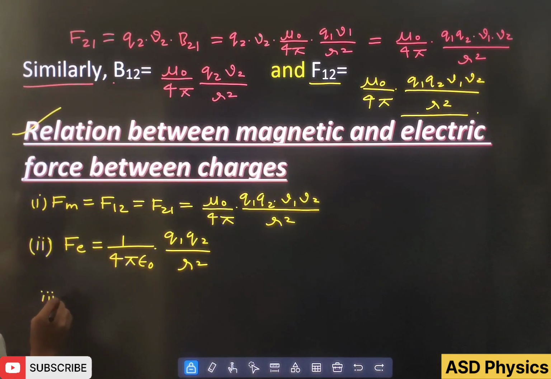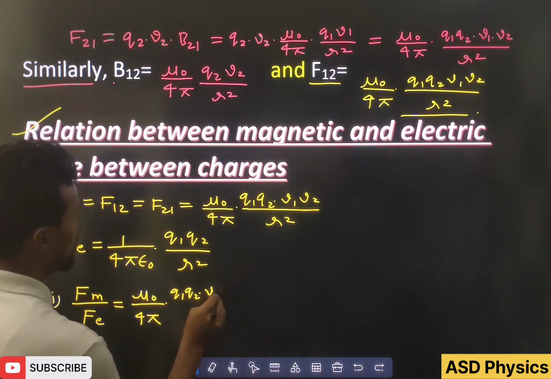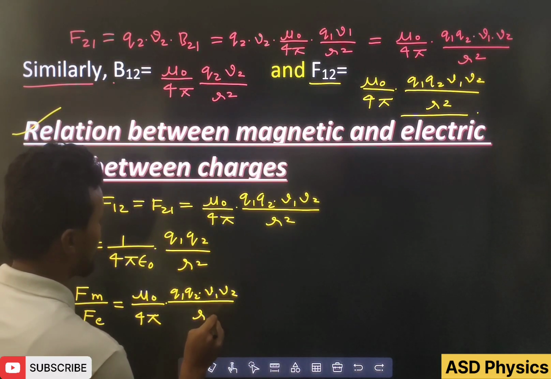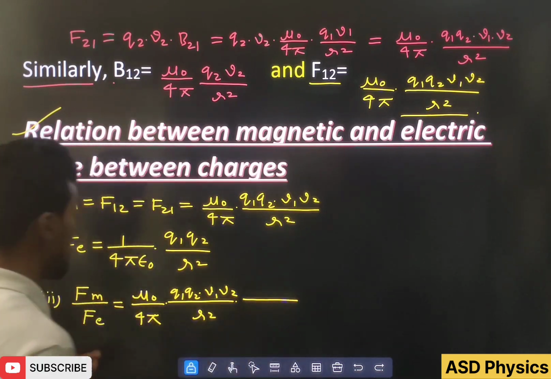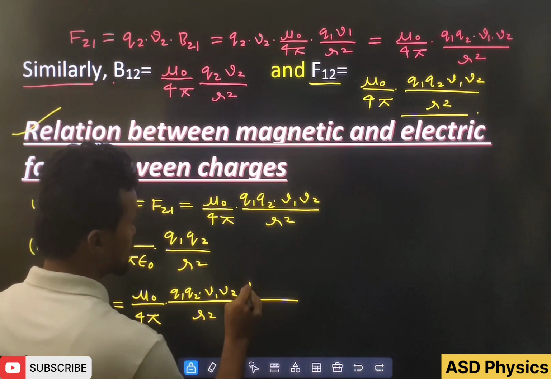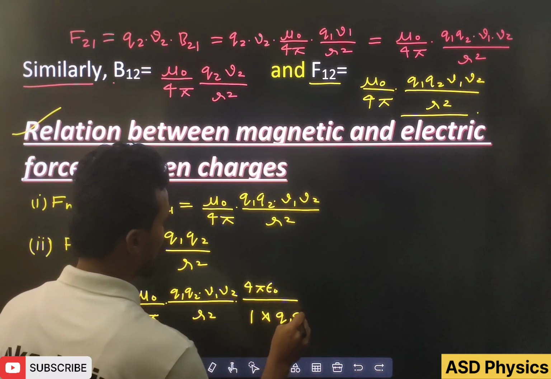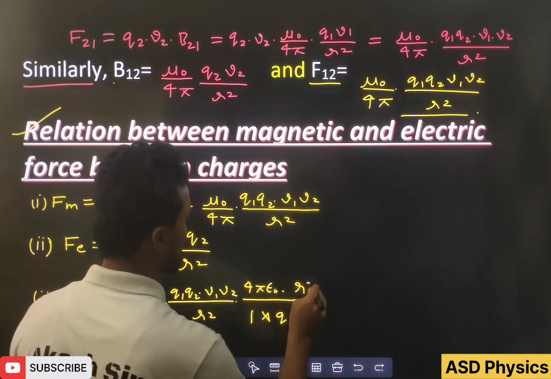So if I take the ratio, I am writing Fm by Fe. This ratio, Fm by Fe: mu naught by 4 pi Q1 Q2 V1 V2 by R square into Fe value, which is 1 by 4 pi epsilon naught, so 4 pi epsilon naught will come here into this, Q1 Q2 by R square.